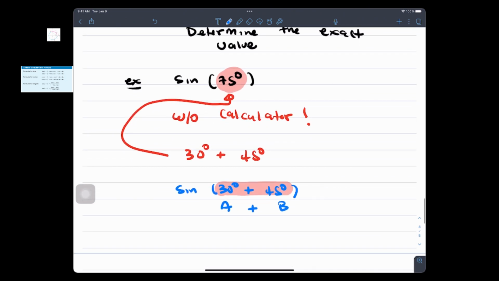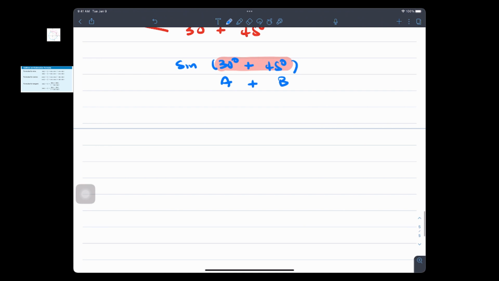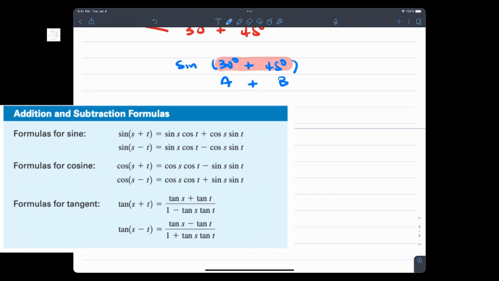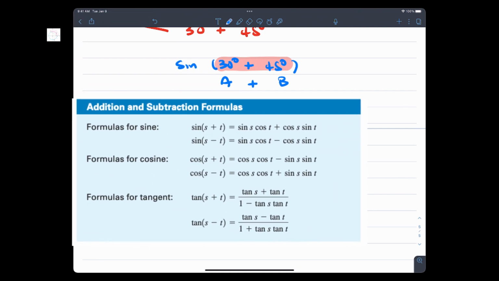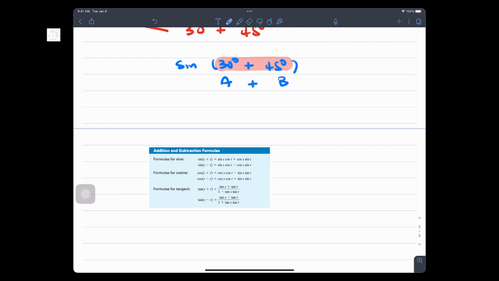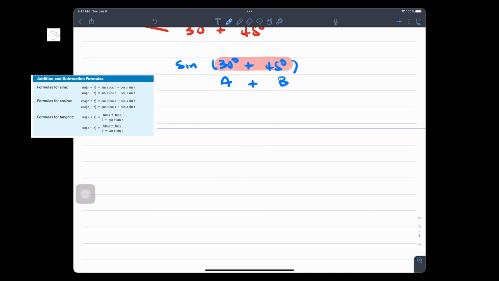So what is sine of a sum? Do you guys remember sine of a sum? You could look at the formula sheet. You go, oh, sine of a sum is sine A cosine B plus cosine A sine B. So it's sine cosine plus cosine sine.